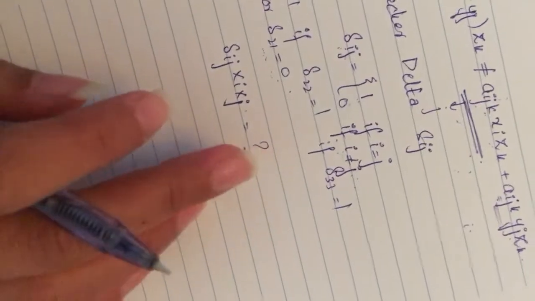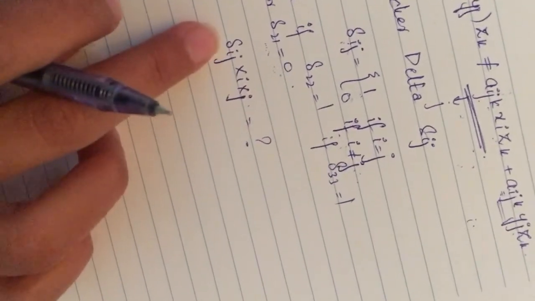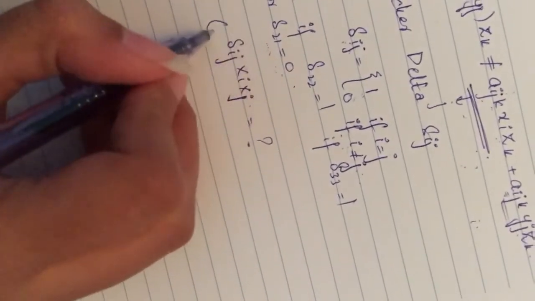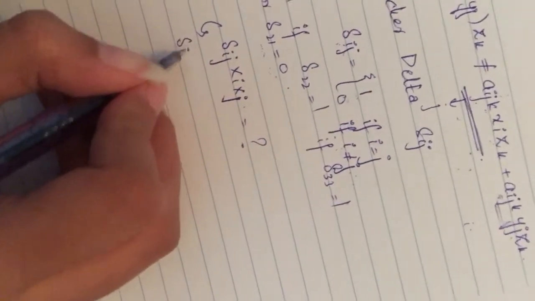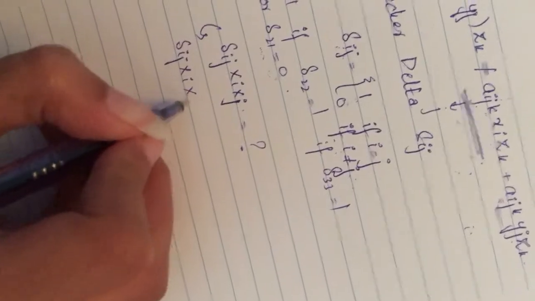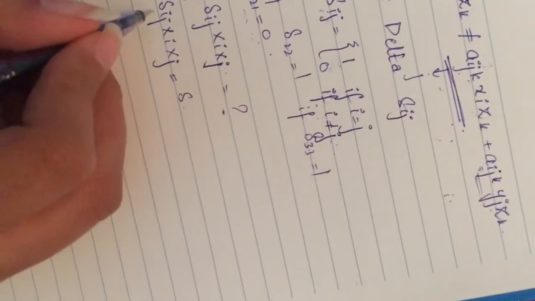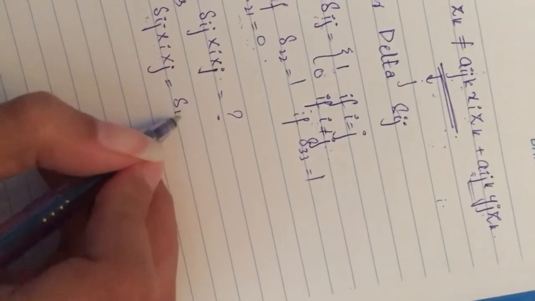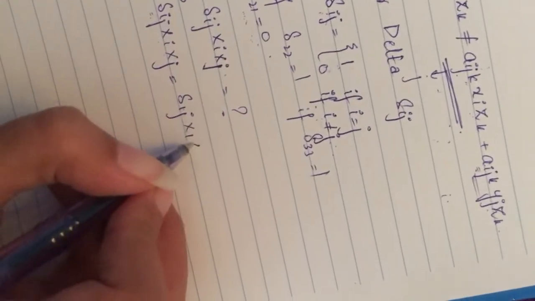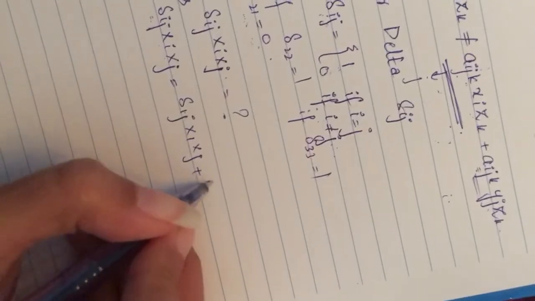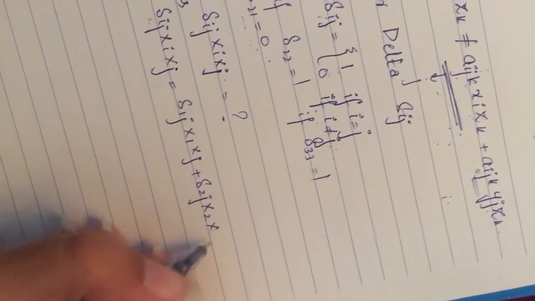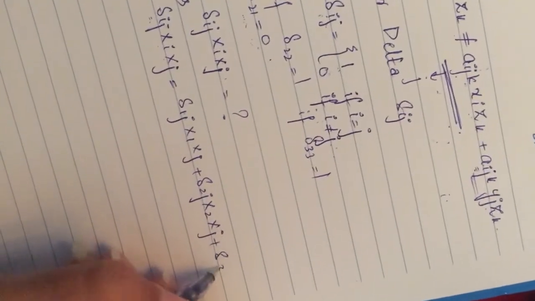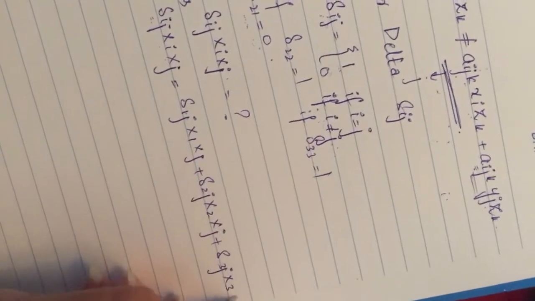First I am going to expand it using the summation convention. So del ij x_i x_j equals, opening i here only, del 1j x_1 x_j plus del 2j x_2 x_j plus del 3j x_3 x_j.